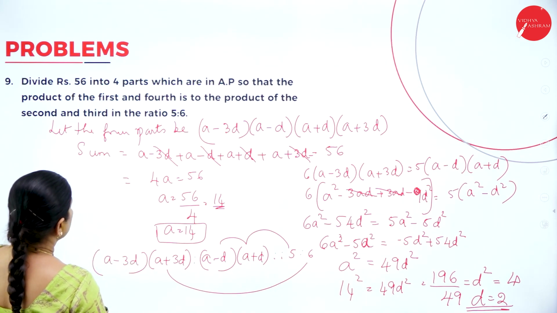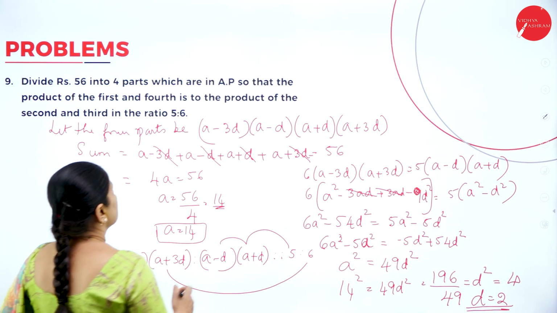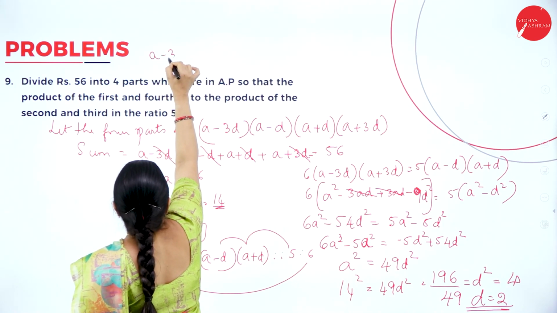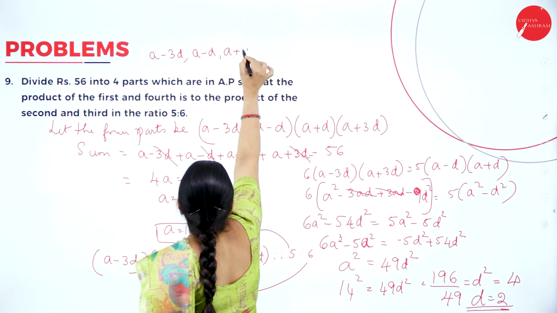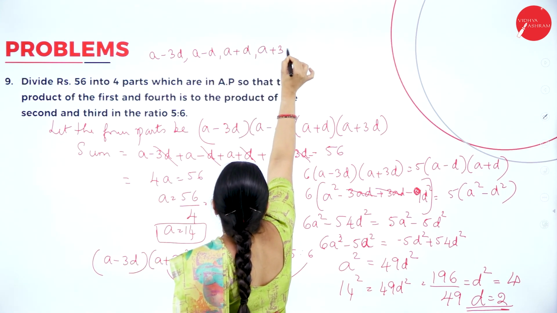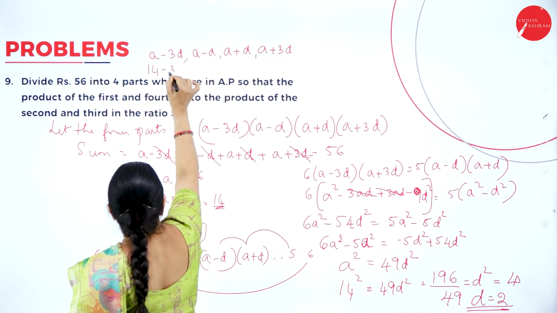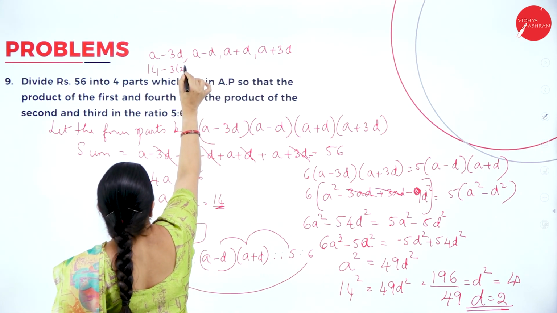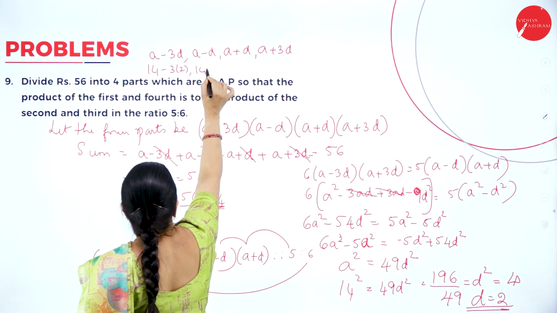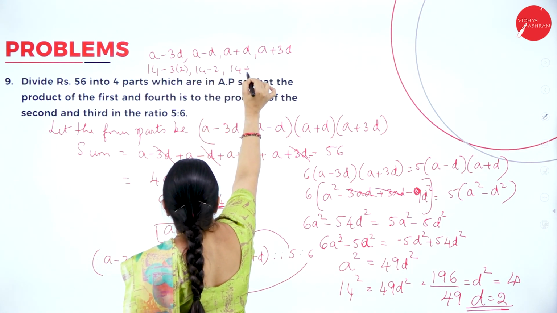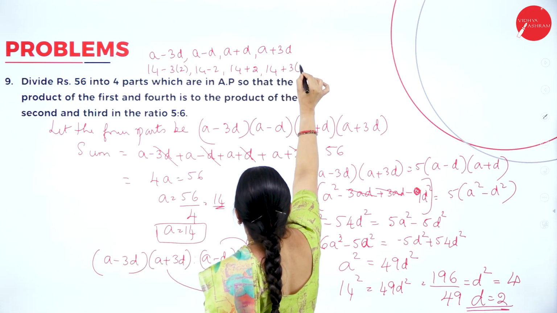Now, they have asked for the 4 parts of the AP. So, we know A, we know D. So, A minus 3D, A minus D, A plus D, A plus 3D. So, what is A here? 14 minus 3 into 2, comma, then A minus D, 14 minus 2, 14 plus 2, 14 plus 3 into 2.